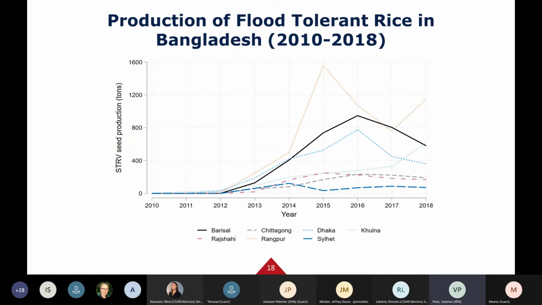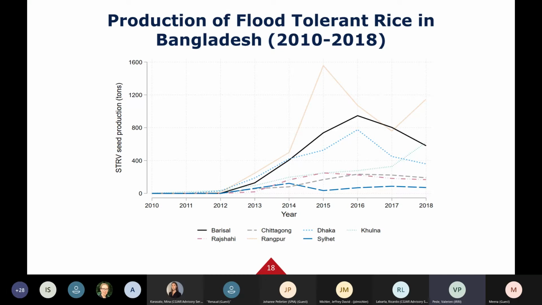And then later on, in the second year after introduction, the number has grown quite significantly. For example, in 2012, nearly 1,000 tons of STRV seed was produced. But starting from 2013, the Bangladesh Agricultural Development Corporation has consistently produced over 2,000 tons of STRV seed, which accounts for around 13% of all aman rice seed produced at that time.